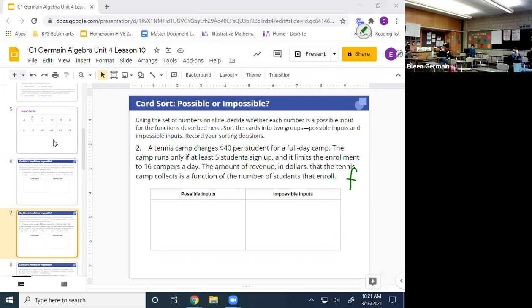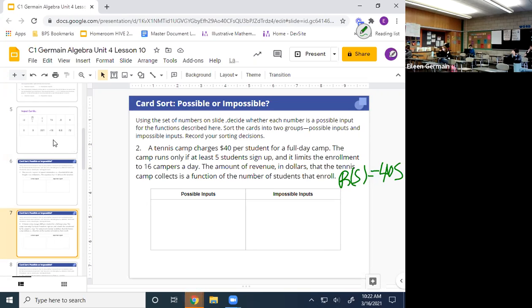So R of S, the revenue of the number of students, is equal to what? What would be the formula in theory? To calculate the revenue, to get your output, you would do what? 40S. 40S, good.